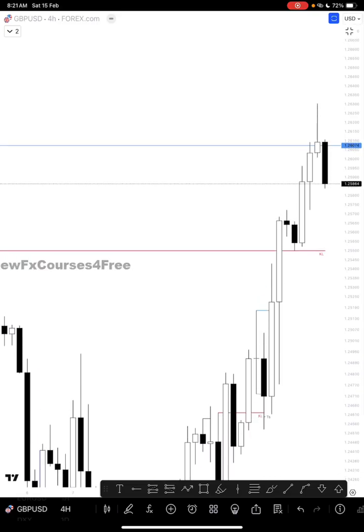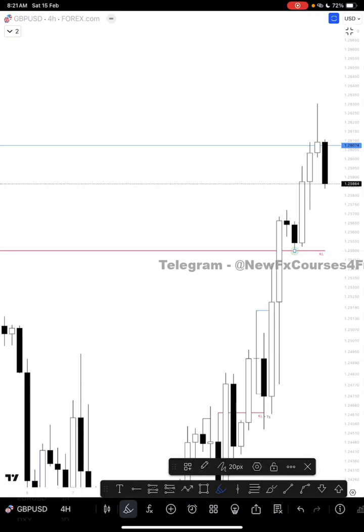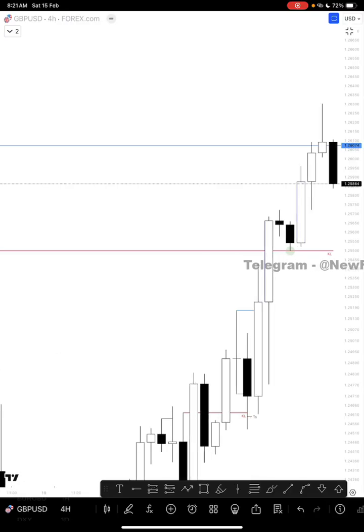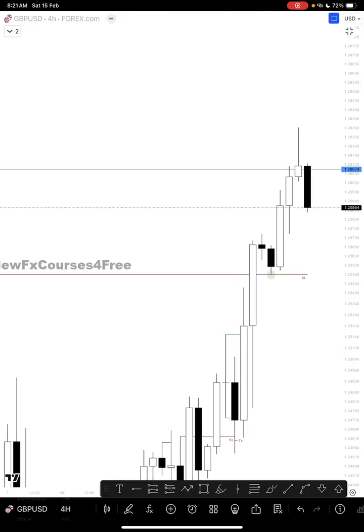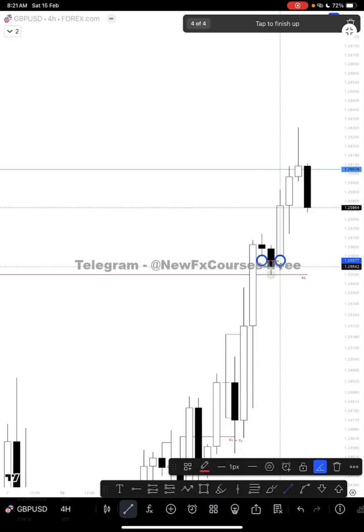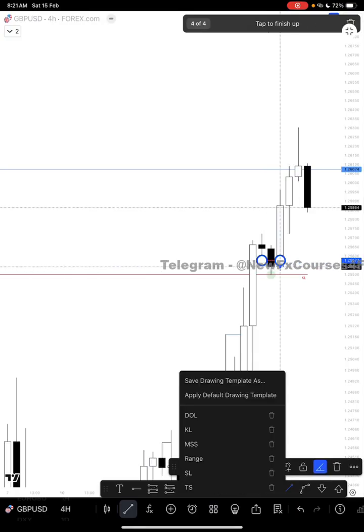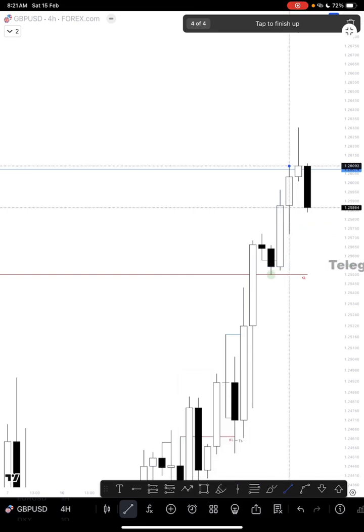So you can see how price actually tapped on this key level nicely and also rebalanced the imbalance over here. So sweeping this low here, range, low, swept, and our final target was actually this high.